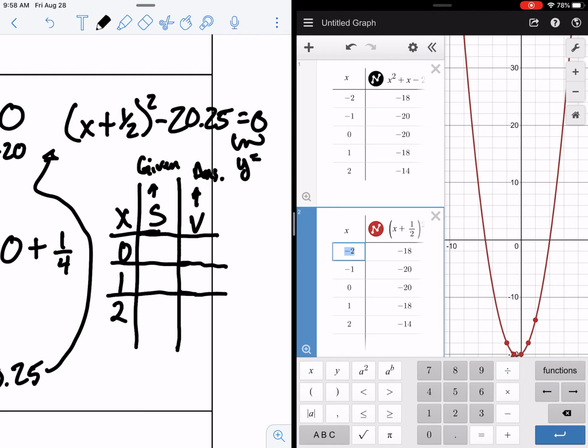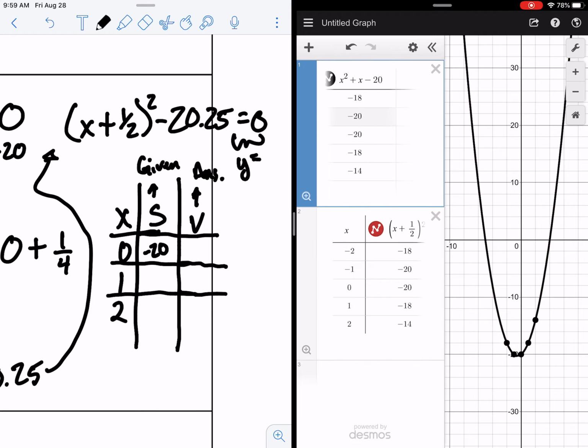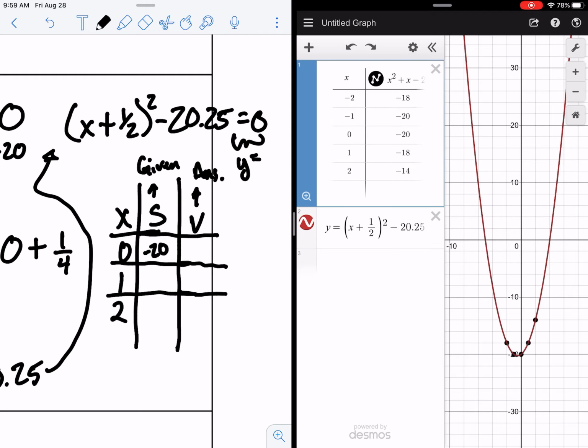So my given table, when x was 0, y was negative 20. When x was 1, y was negative 18.